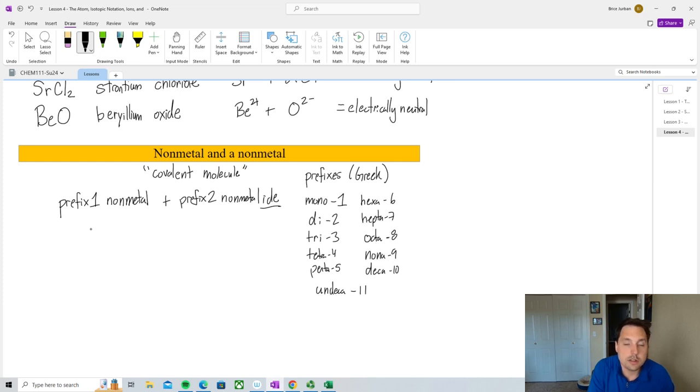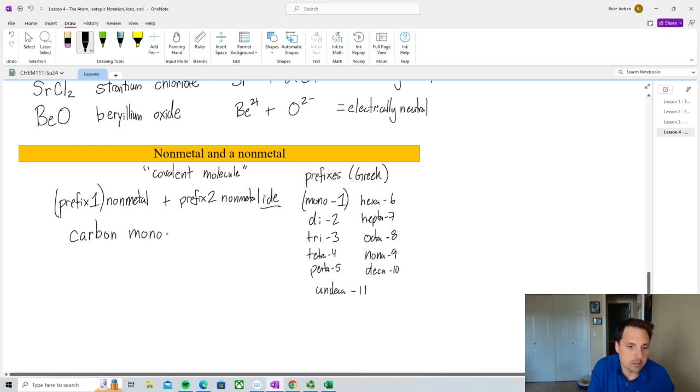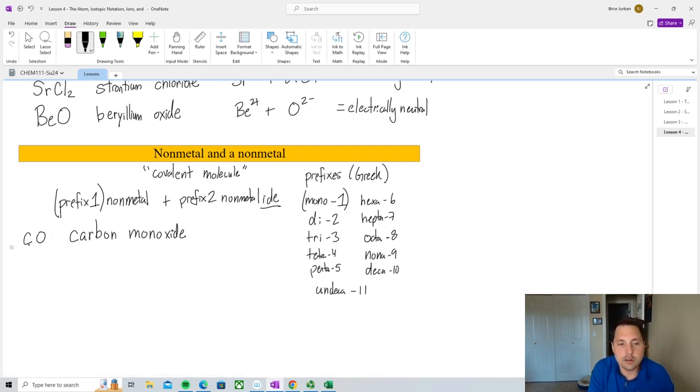We have carbon, and this first prefix sometimes is optional depending on if it's got a mono 1 prefix. So let's take a look at that. So I talked about this one in the last lesson, carbon monoxide. Okay, so CO. All right, so in this one we have carbon and we have oxygen, and we have one of each of them.